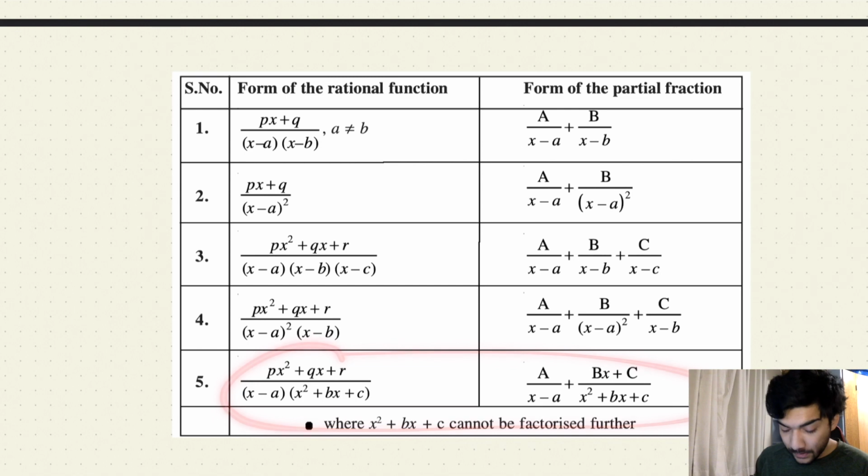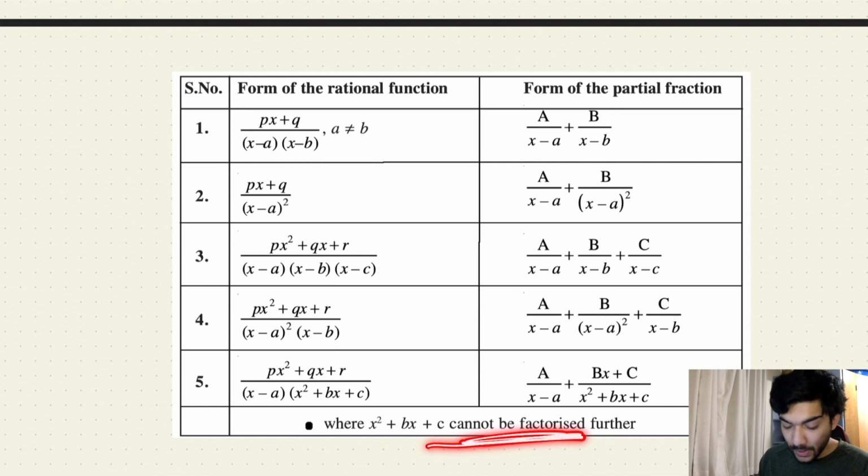And now at last, this is a different expression. Whenever you have a quadratic expression in the denominator which cannot be further simplified, reduced, or factored, you'll do the same thing as for the x minus a case. You know that whenever you have an x minus a term in the denominator, you write capital A upon x minus a.